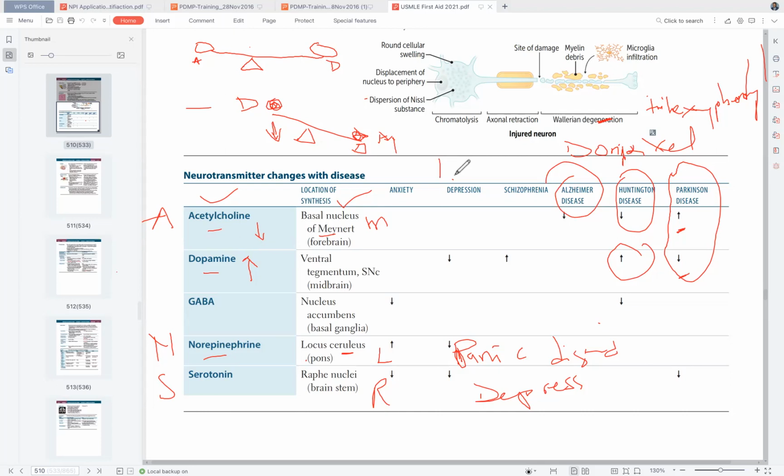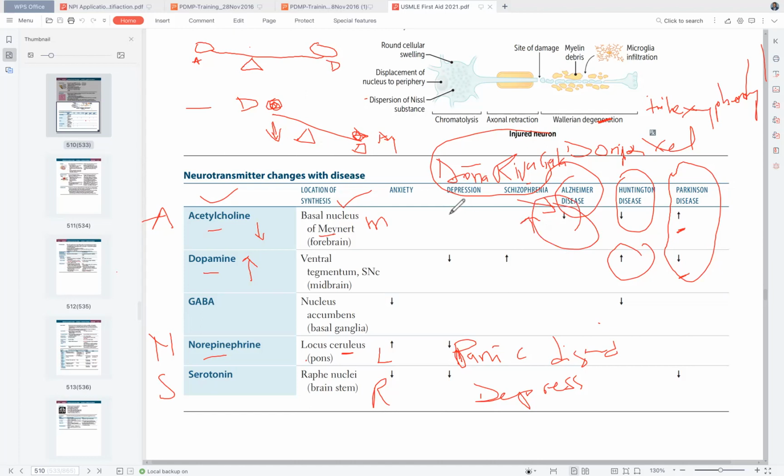Donepezil, rivastigmine, and galantamine: all these three are for Alzheimer's. And they are acetylcholinesterase inhibitors so that we can have high acetylcholine in their brain. Just opposite to this. It makes sense, right?